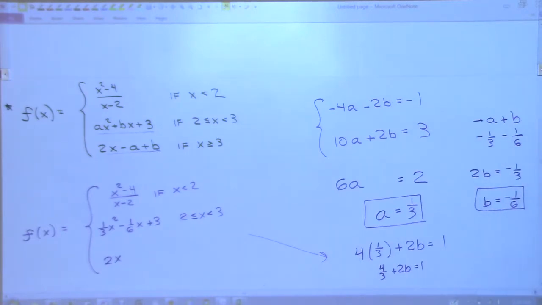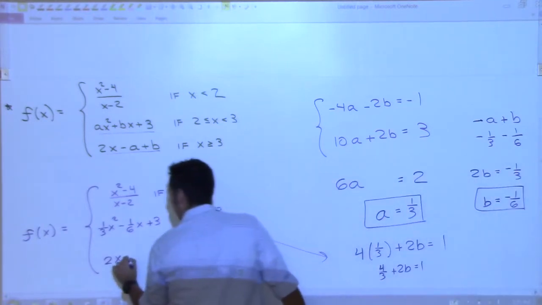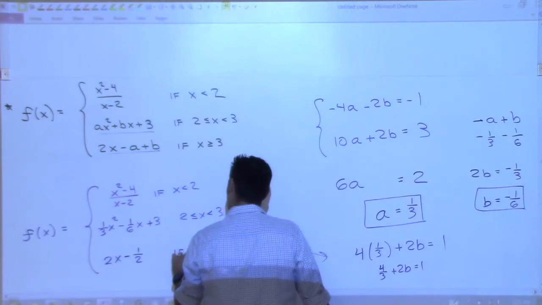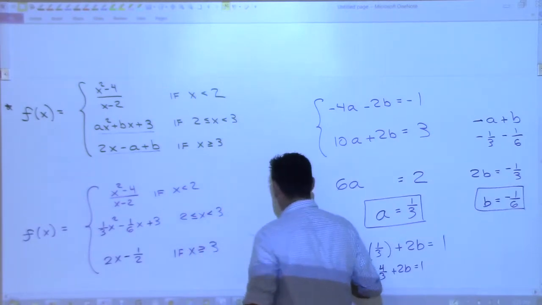And so put that together, you get what? Negative 3 over 6, which is? Negative 1/2. If x is greater than or equal to 3. There we go.